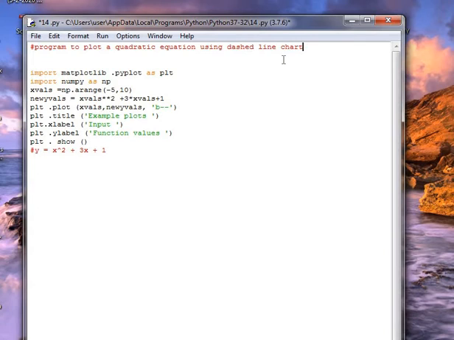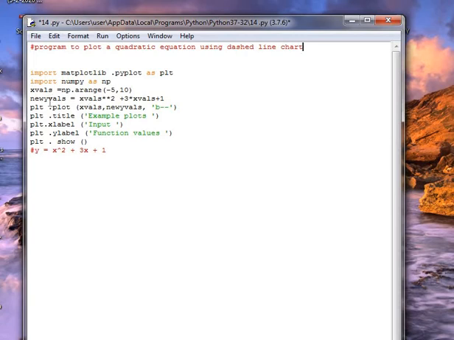Okay, so what is a quadratic equation? An equation where the highest exponent of the variable is square. The general formula is ax squared plus bx plus c equals 0. Here our feature is a dashed line chart. So these are the two important submodules. X value, that means in the x-axis, np.arange from -5 to 10.